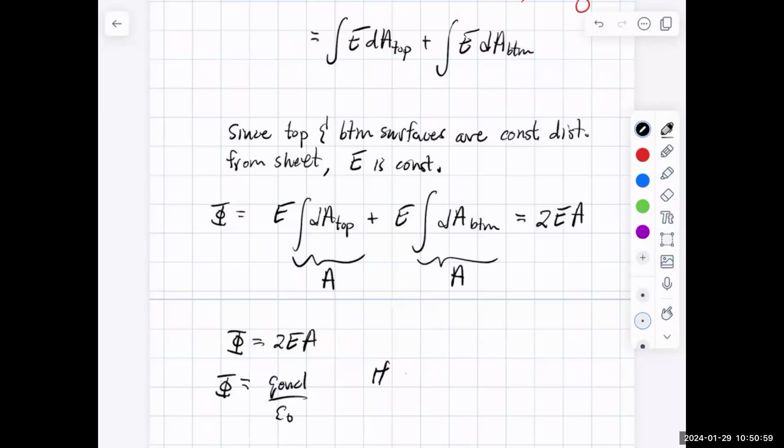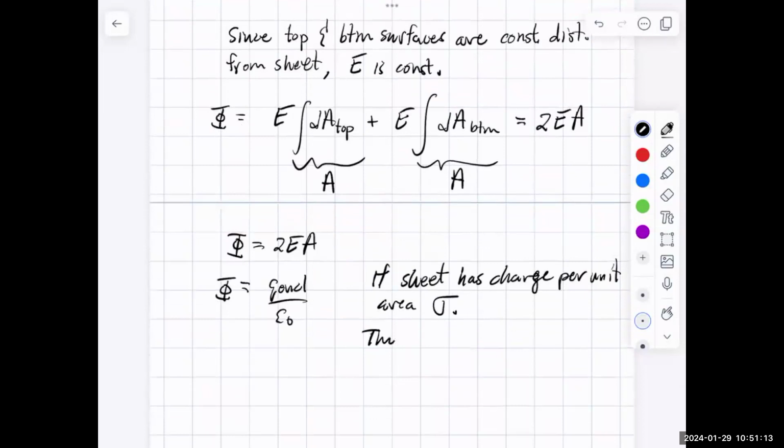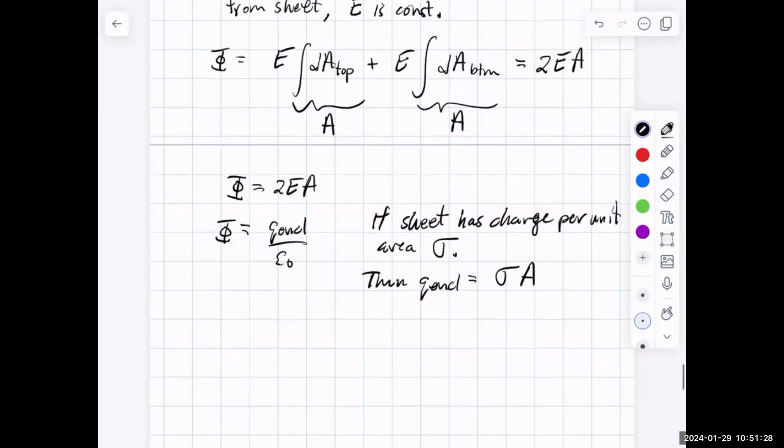If our sheet has charge per unit area, sigma, then Q enclosed is equal to the charge per unit area times the amount of area that's enclosed in our surface, which is just A. And so phi is equal to sigma A over epsilon naught.